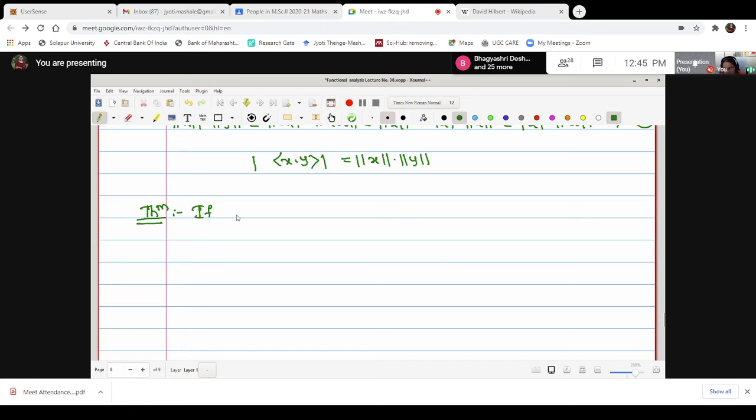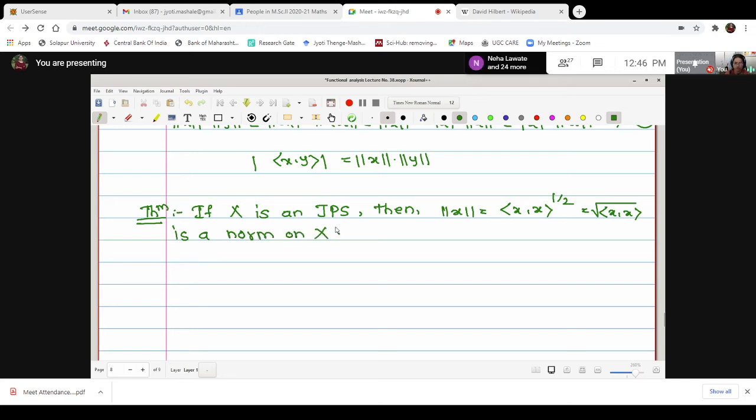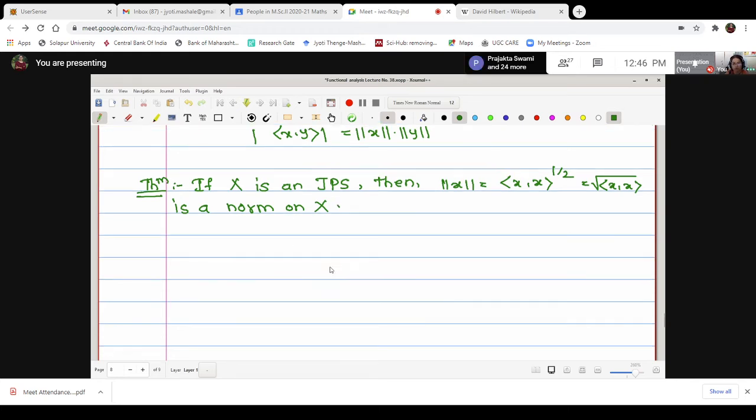Therefore, here we will write the statement: if X is an inner product space, then norm x is equal to inner product xx raised to half, that is, root inner product xx is a norm on X. What we want to prove is that whatever relation we have obtained between norm and inner product, that is, norm x is under root inner product xx, is also a kind of norm on the given space.